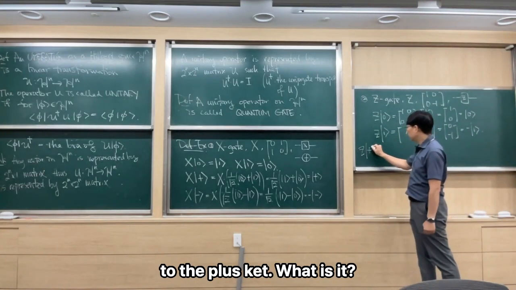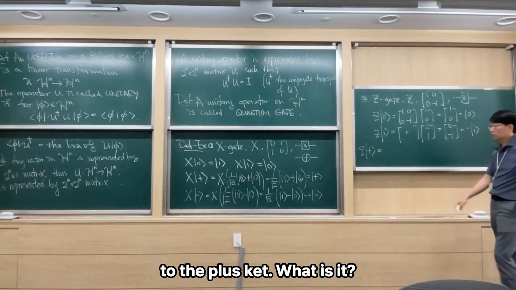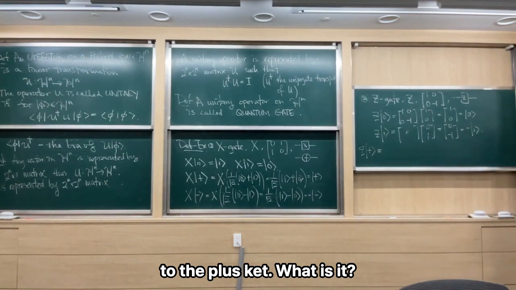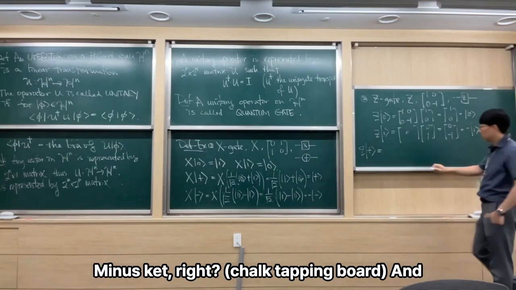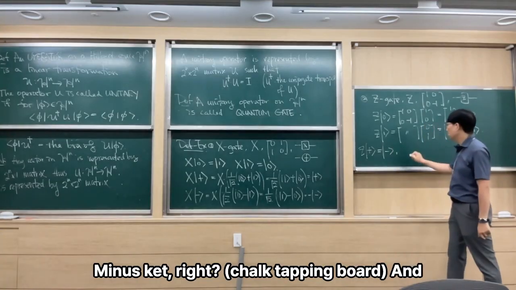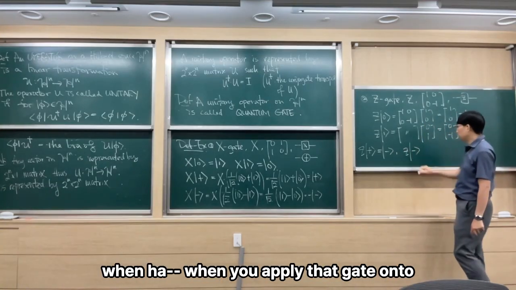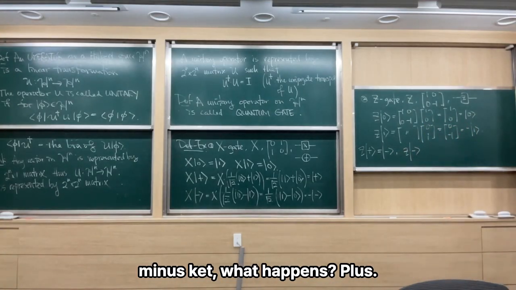However, let's think about what happens to the plus ket. What is it? Minus ket, right? And when you apply that gate onto minus ket, what happens?